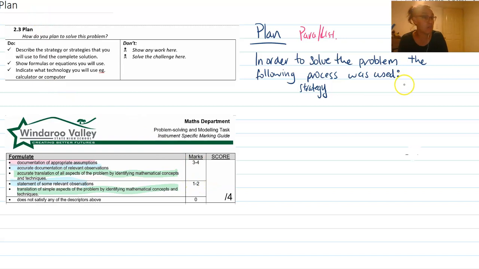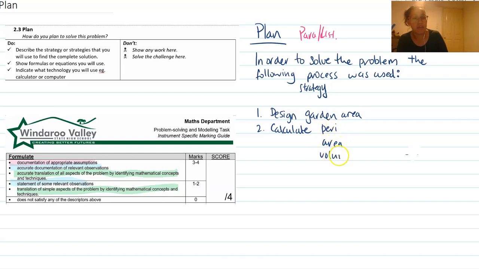Your plan might have something like: 1, design; 2, calculate perimeter, area, volume; 3, total perimeter, area, volume; 4, and the last thing you might have is how you're going to decide what the best garden design is, and by what metric.